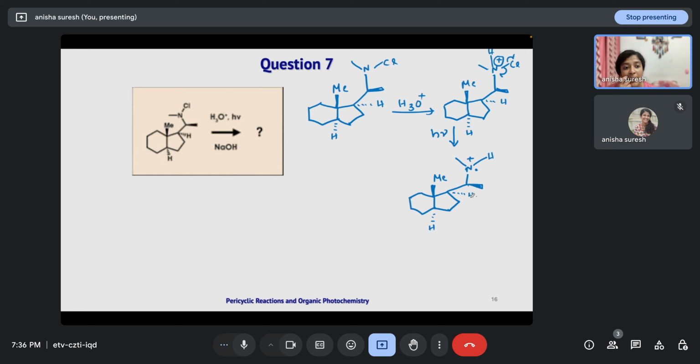Now what will happen? This radical can abstract proton from alpha, beta, gamma, delta, this position. This methyl proton will be abstracted. So we can show the methyl like CH3, hydrogen. Okay. So this will be abstracting one of this proton, leading to formation of the radical here.